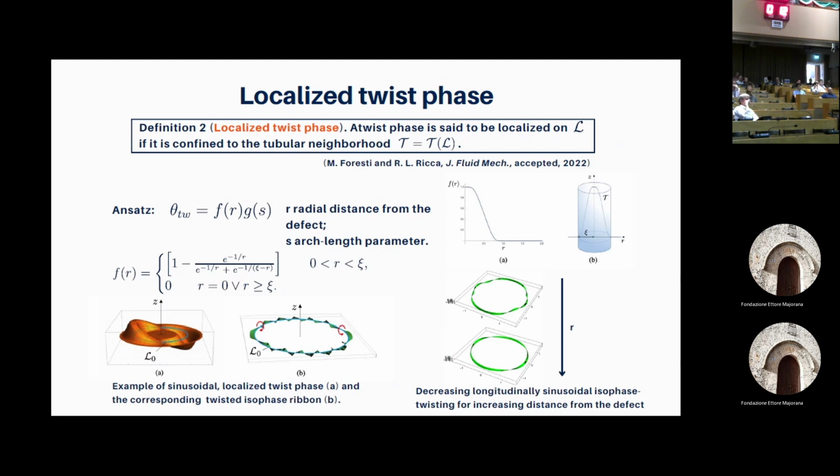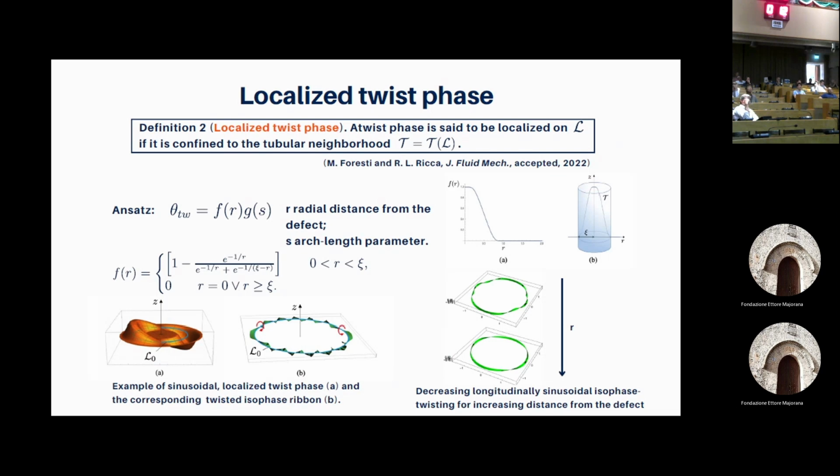Here you can see two ribbon models. By increasing r, you have twisting. I don't know if you can see them, but the twist of these two ribbons is decreasing with increasing r.